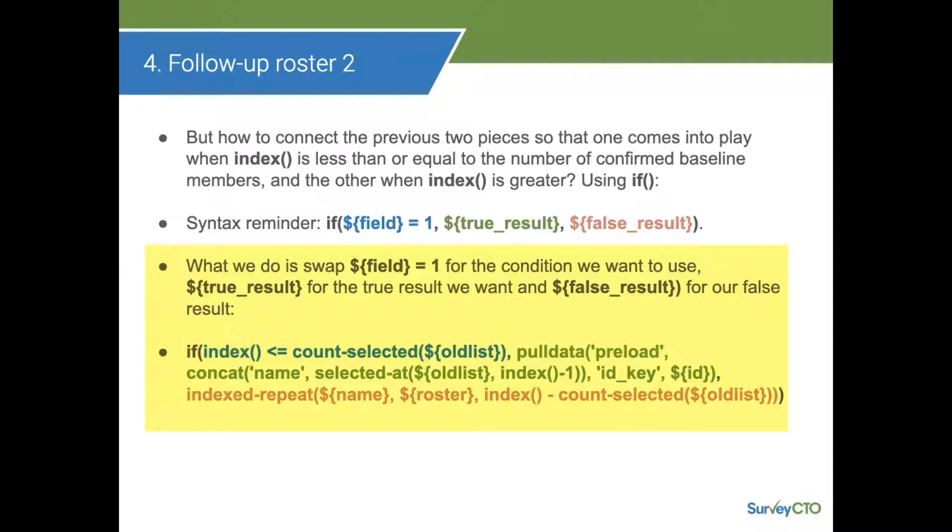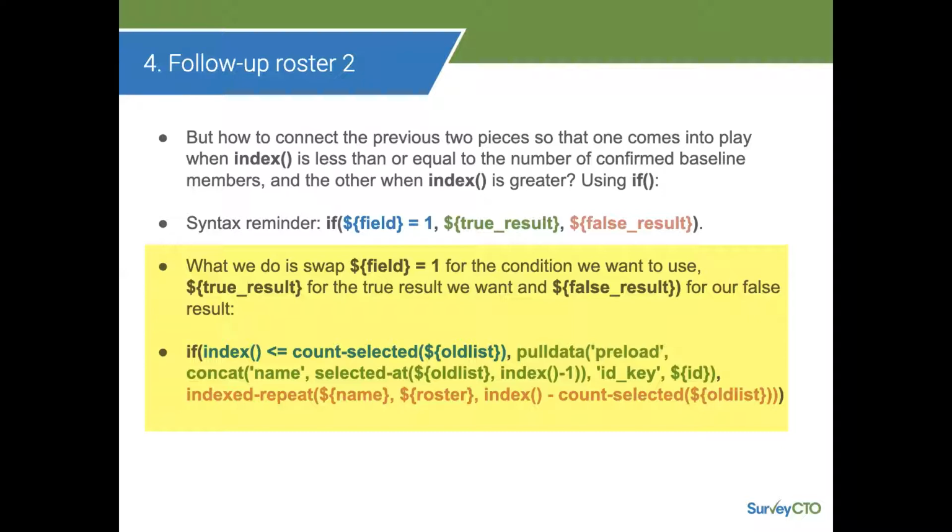That will be true until the point that there are no more confirmed baseline members, right until the point that it is time to start asking follow-up questions about new members. So hopefully you can see where these have slotted in. The blue is our condition. Index is less than or equal to the count of selections in old list.